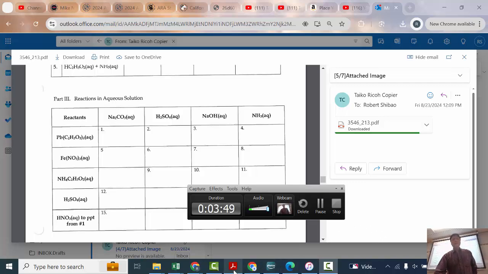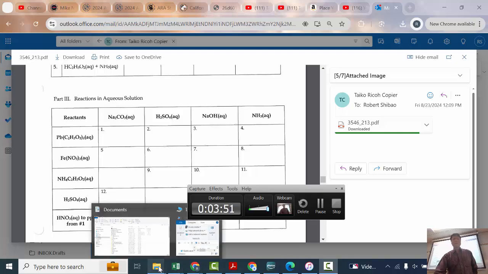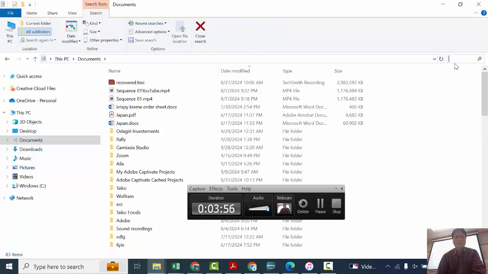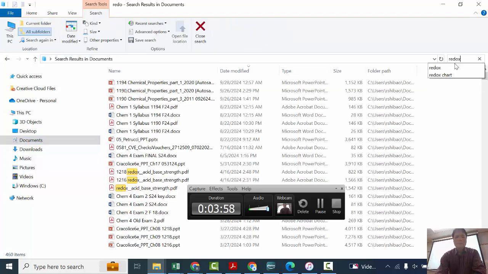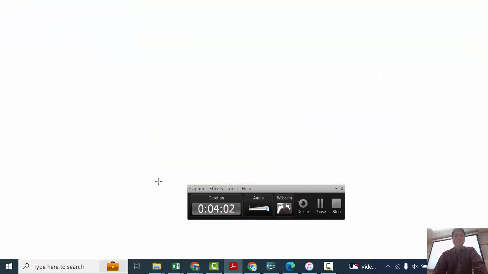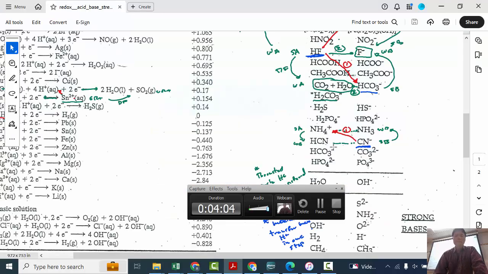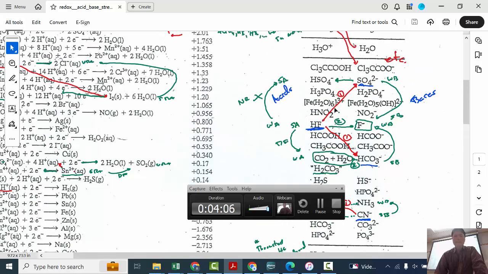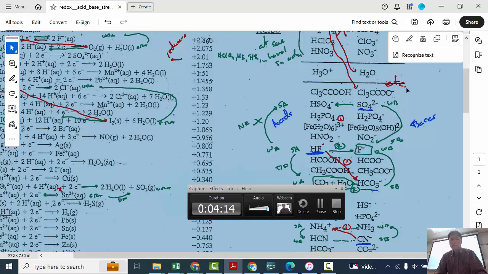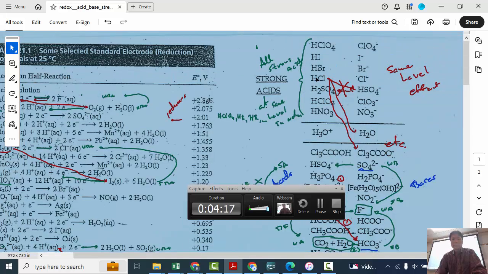And so let's take a look at our redox chart here. I forgot to post the clean copy of the redox. This is the redox and acid-base chart. Yeah, shoot. I wonder if I could. Delete these.